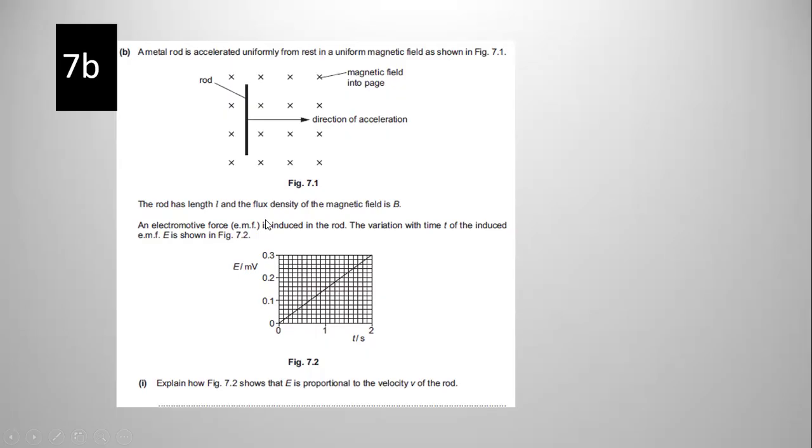An electromotive force is induced in the rod. The variation with time t of the induced EMF is shown in figure 7.2. Explain how figure 7.2 shows that EMF is proportional to velocity.